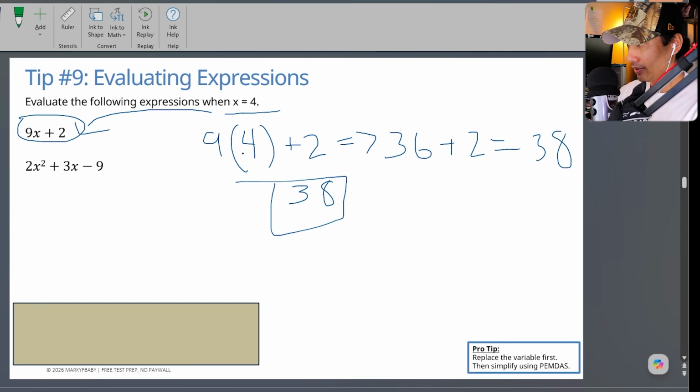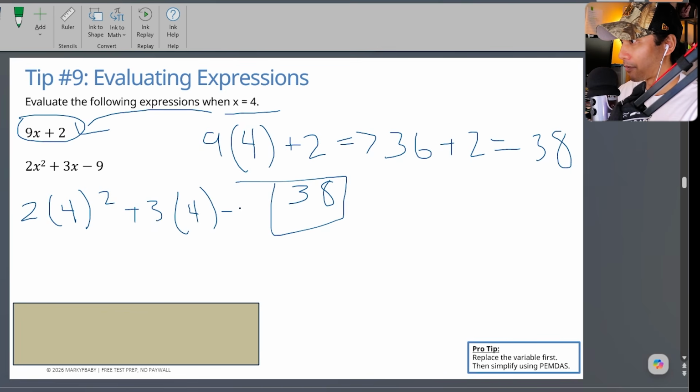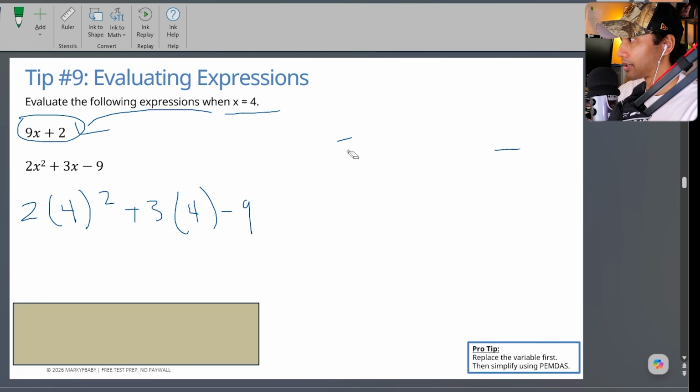Okay? Now let's go ahead to the next one and just write everything out. Squared plus 3 and then 4 minus 9. And let me just take everything out. So all I did here was replace the x's with the 4's. Now use PEMDAS. So what is 4 squared? 4 squared is 16. So let me just rewrite it. 16 plus, and then what's 3 times 4?